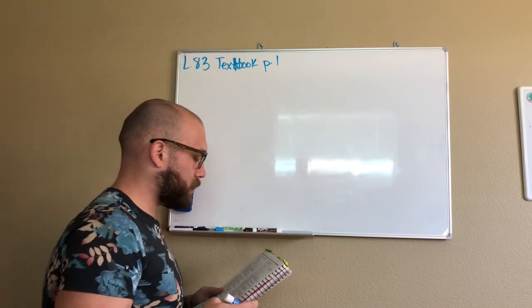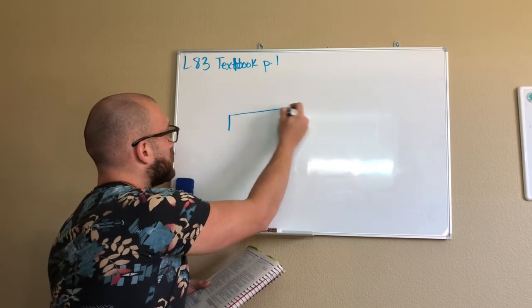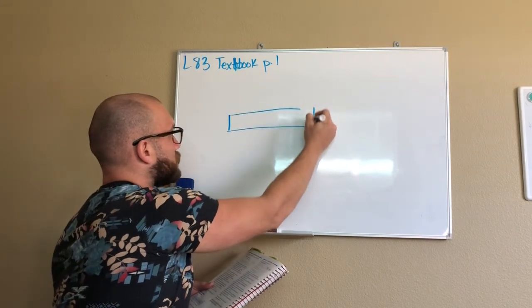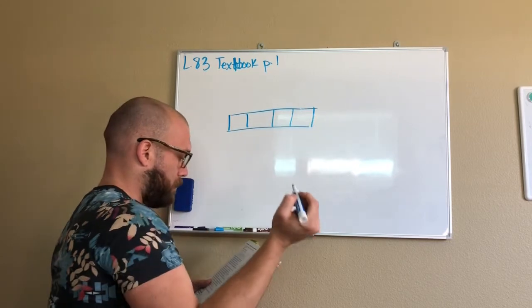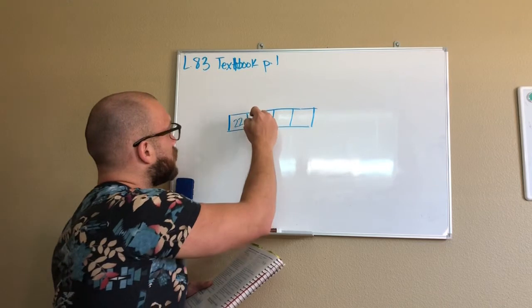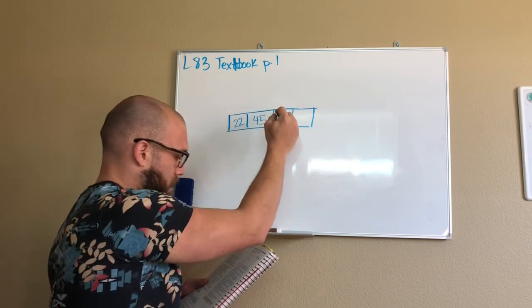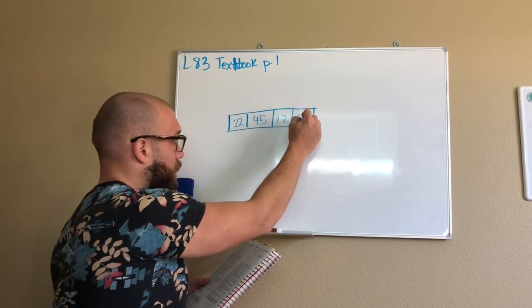Problem A shows the weight of 4 boxes. So we have 4 boxes. Box 1 is 22. Box 2 is 45. Box 3 is 12. Box 4 is 50.